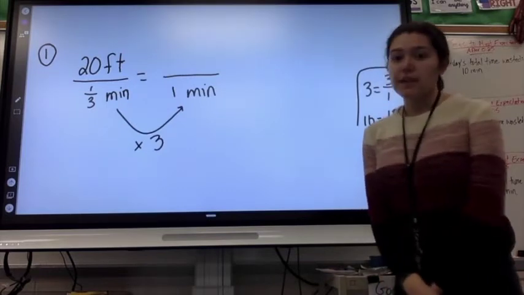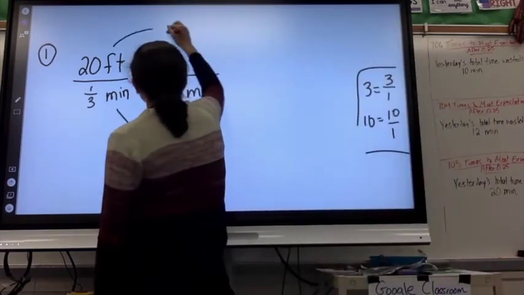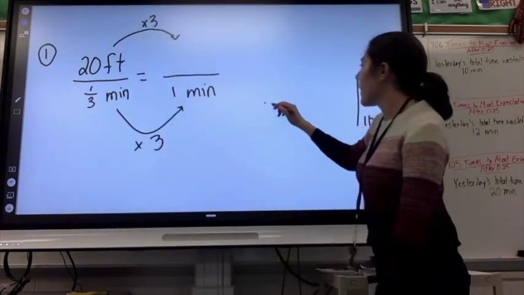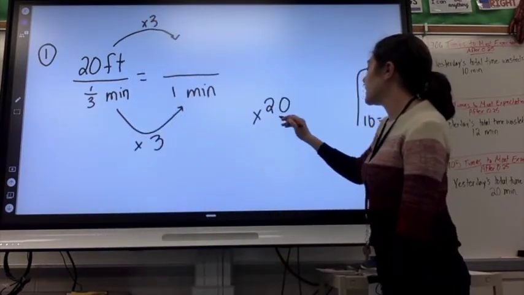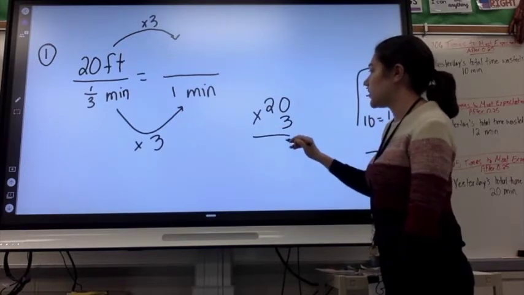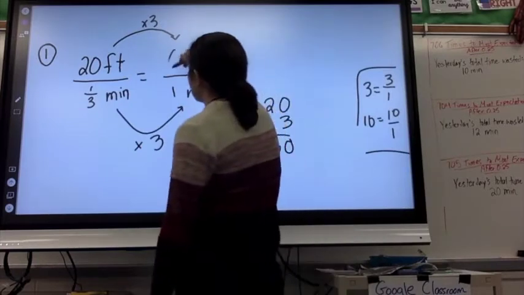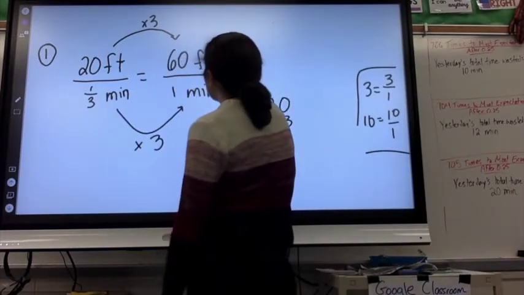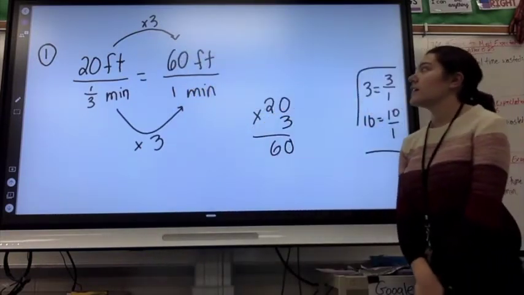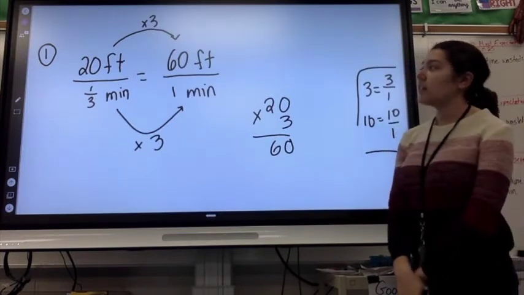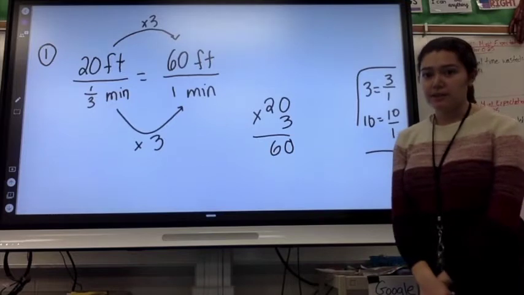So at that point, I can go up to my 20 feet and multiply by 3. 20 times 3: 0 times 3 is 0, 2 times 3 is 6. So we're going to get 60 feet. So Bob walks 60 feet in 1 minute, if Bob walks 20 feet for every 1/3 of a minute.